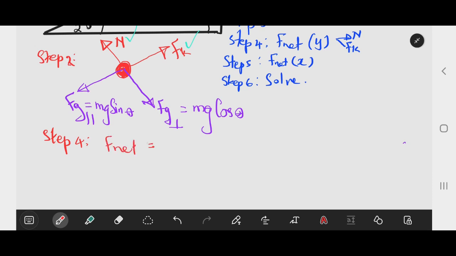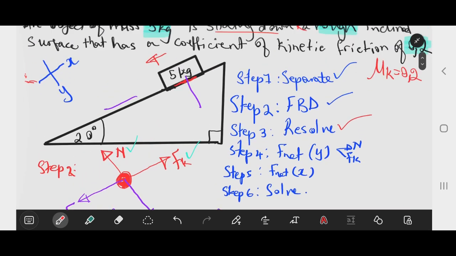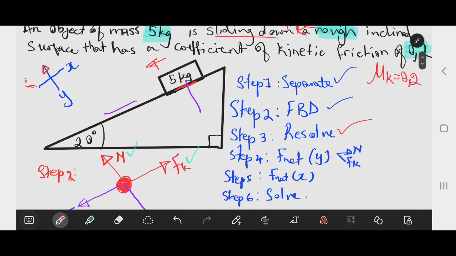F net is equal to ma in the y direction, right? So how many forces do we have in the y direction? We have the normal force, which is positive, and we have Fg perpendicular, which is negative, right? Provided that we are choosing that direction as positive and that direction as negative.